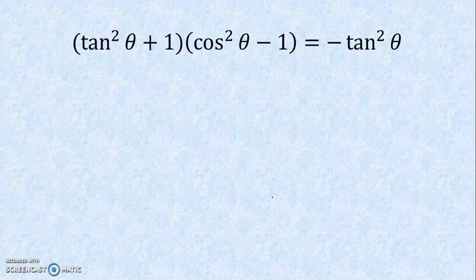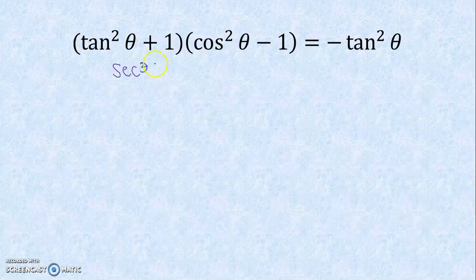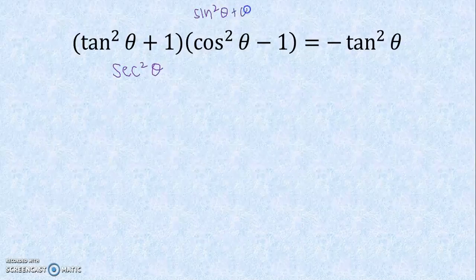Tangent squared theta plus 1 times cosine squared theta minus 1. I see a lot of squareds happening there, so I'm going to just see if maybe I can simplify this. So I look at my Pythagorean identities, and tangent squared theta plus 1 is actually secant squared theta. Cosine squared theta minus 1, if it helps, you are looking at this Pythagorean identity.